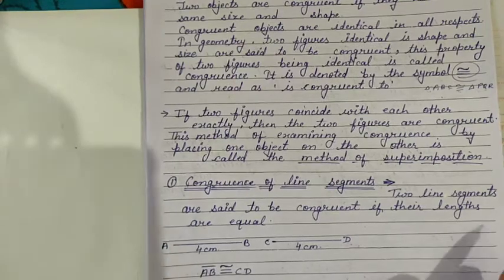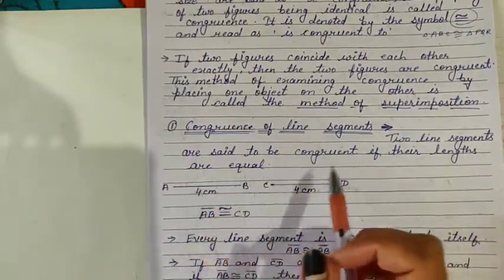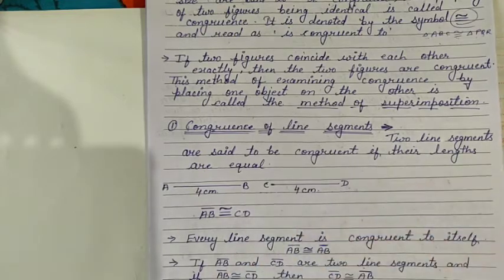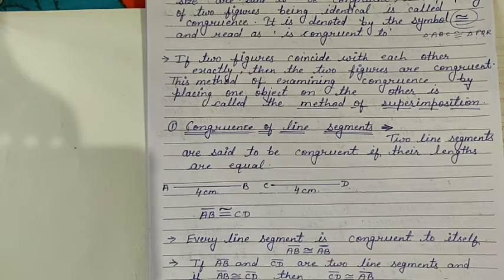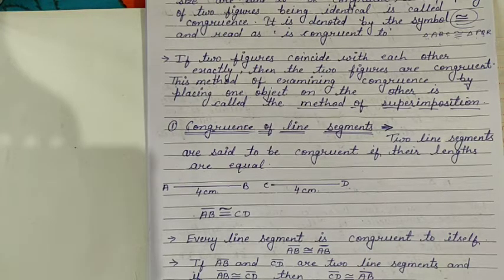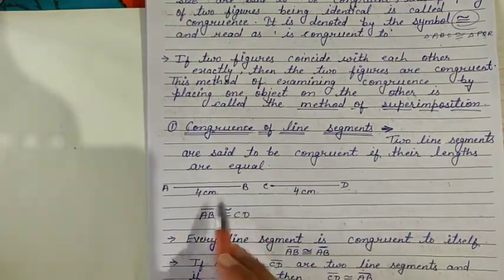Now, congruence of two line segments. Two line segments are said to be congruent if their lengths are equal. Two line segments are given and you have to find whether these line segments are congruent or not. If their lengths are equal, then those line segments are congruent, otherwise not. These are two line segments AB and CD.